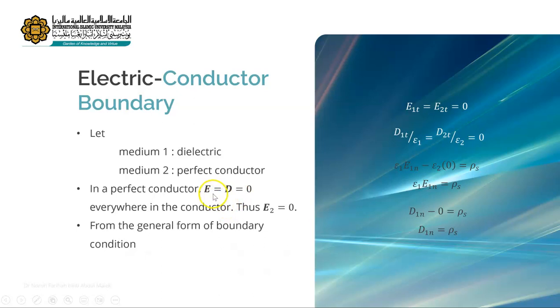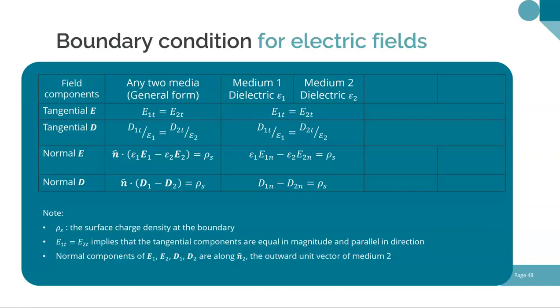So when E and D are equal to 0, your E1T and E2T are now equal to 0. And then your D1T over permittivity 1, D2T over permittivity 2 will also equal 0, referring to these two tables before. So E and D are equal to 0 because it is a perfect conductor.